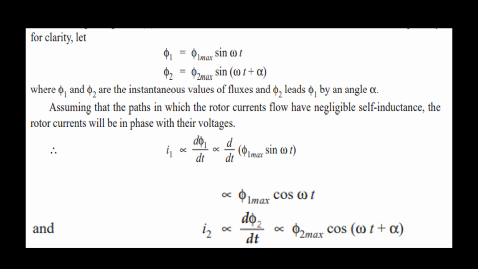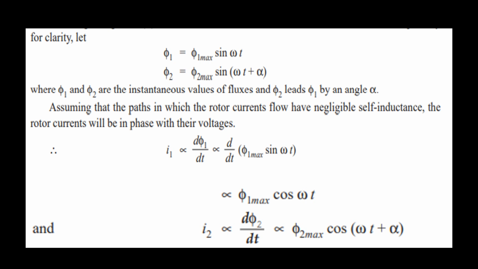As in the second equation, phi2 is equal to phi2 max sin omega t plus alpha, it indicates that phi2 is leading phi1 by an angle alpha. Assuming that the paths in which the rotor current flows have negligible self-inductance, the rotor current will be in phase with their voltages.